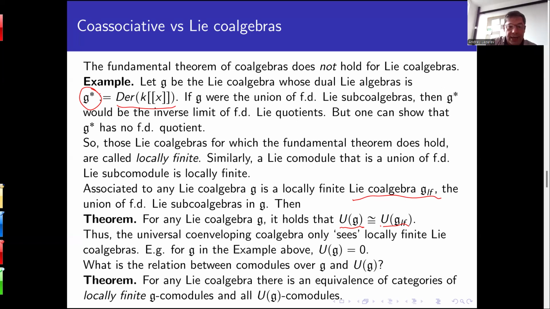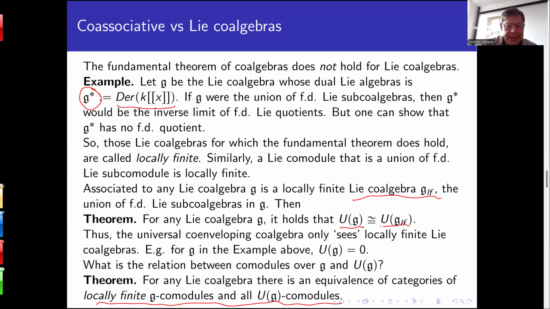And it turns out that for any Lie coalgebra, and we might as well consider only locally finite ones, there is an equivalence of categories of locally finite G comodules and comodules over the universal enveloping coalgebra.